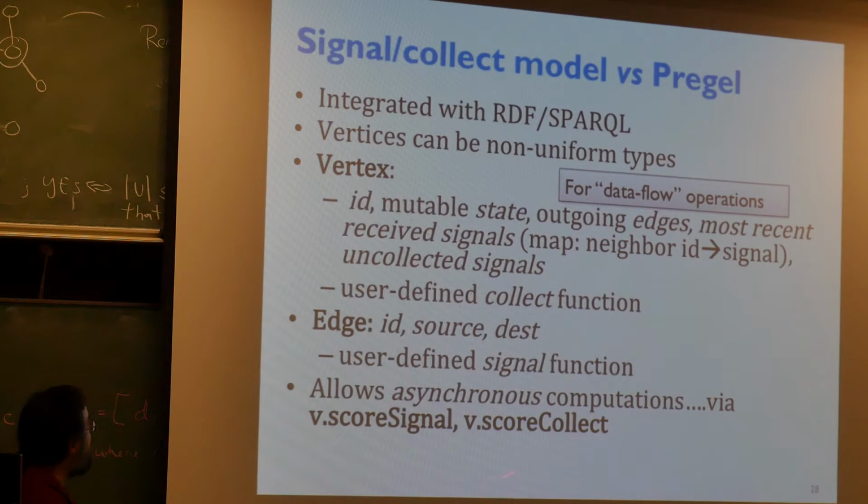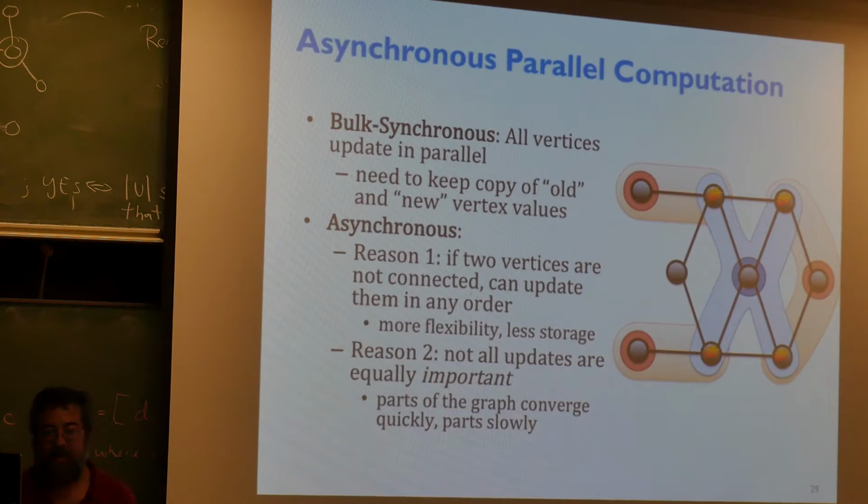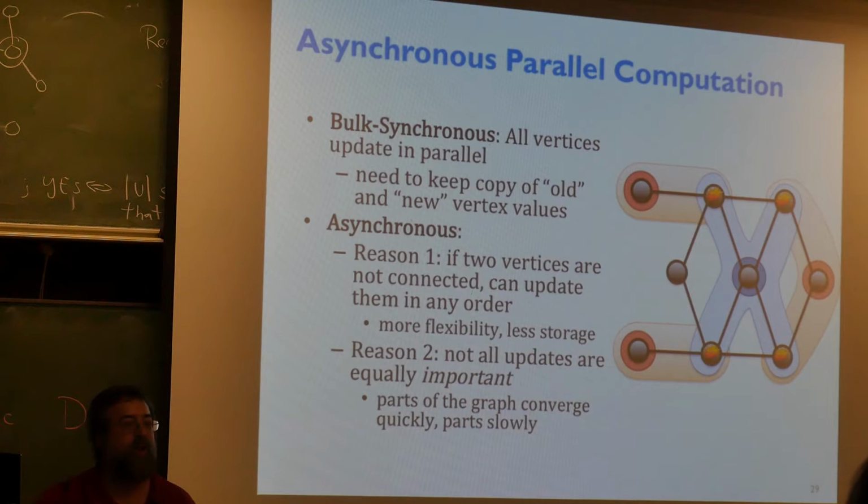Okay. So let's talk a little bit about the asynchronous computation. Okay. So the simplest way of doing these graphs in parallel is to just do them in parallel, straight up, no variations. At each point, you update all the nodes in parallel.